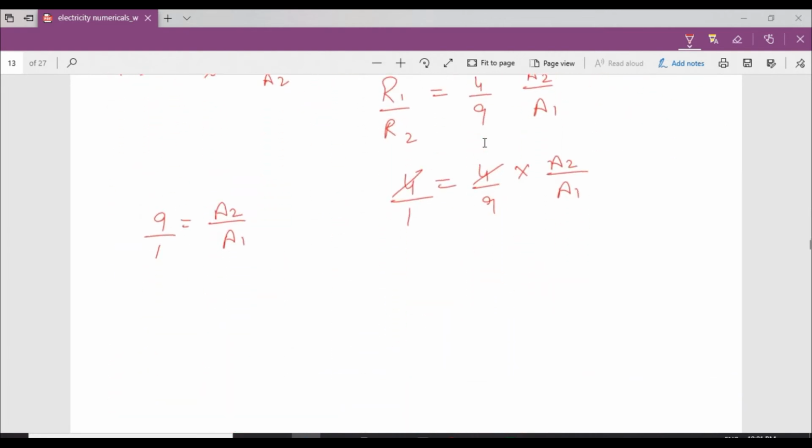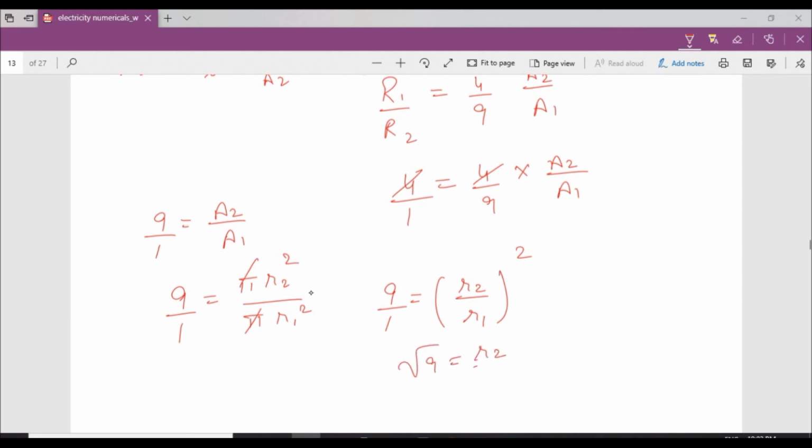So we will apply the formula of area as pi r square. So it will be pi r2 square upon pi r1 square. So pi cancels with this pi. So 9 upon 1 is r2 by r1 square. So this square when goes to the other side of equals to, it will become under root. So 3 comes out to be r2 by r1, 3 upon 1, or r1 ratio r2 will be 1 ratio 3.